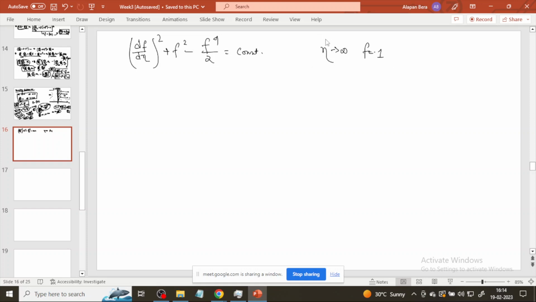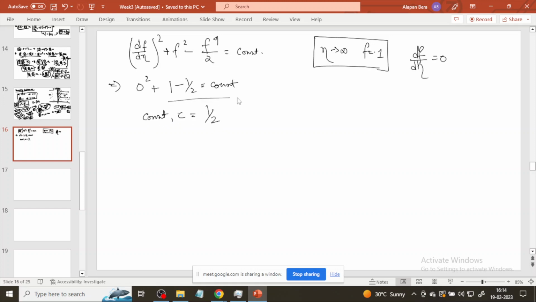So let's apply the boundary condition: f equal to 1 means df by d eta is 0. Let's put it in this equation. So this is 0 square plus 1 minus half is equal to the constant. So we now have the value of constant c equal to half.